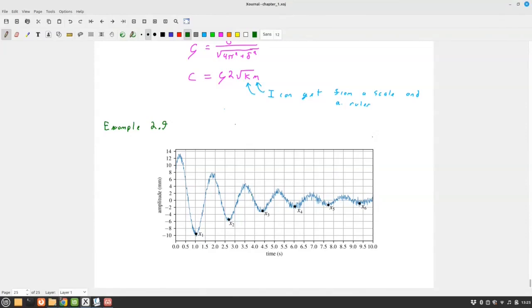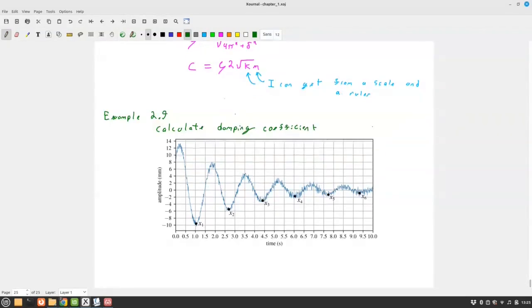We want to calculate our damping coefficient.